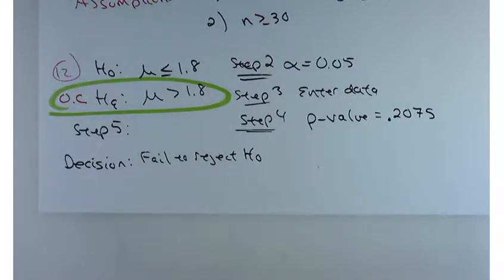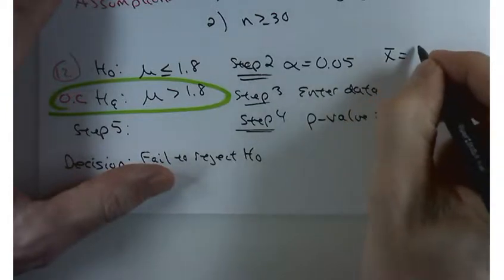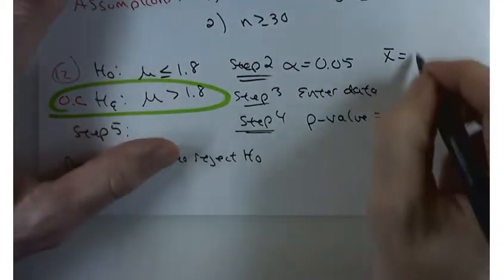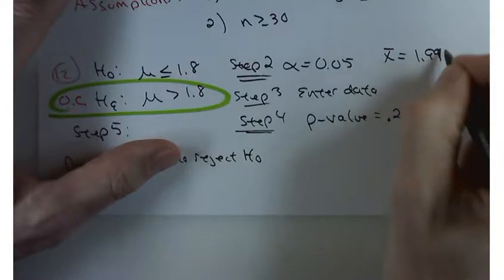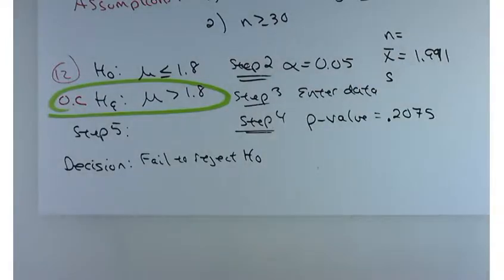Sabrina? Yes. So the sample mean, so there were several summary statistics given to us. The sample mean was 1.911. Sample standard deviation was 1.065.